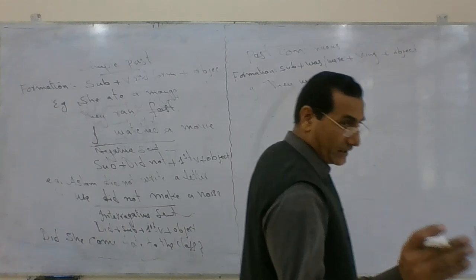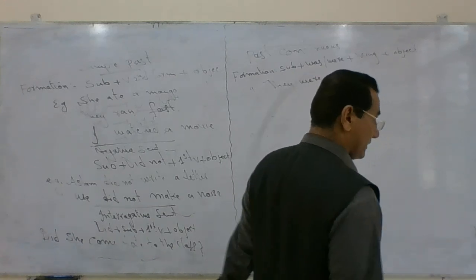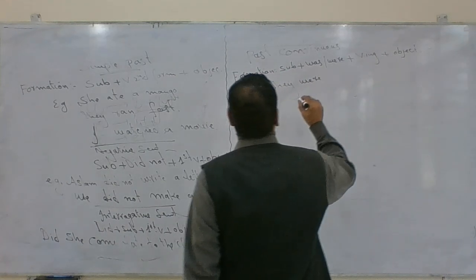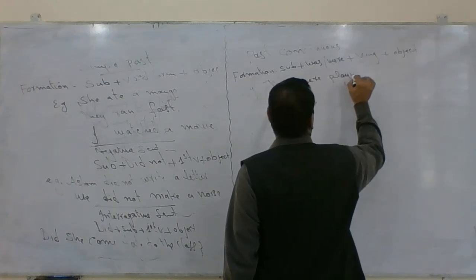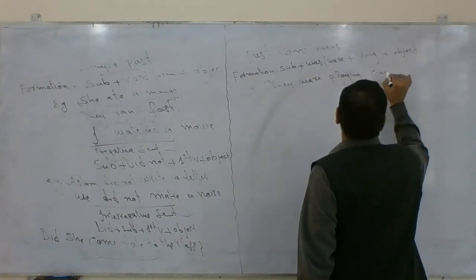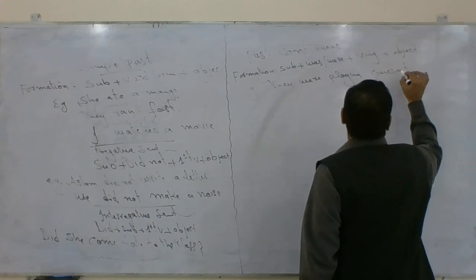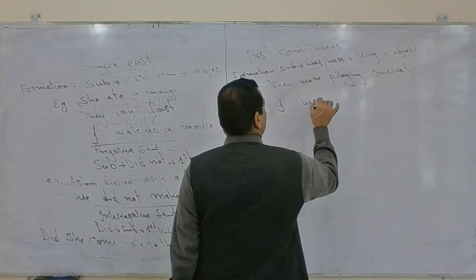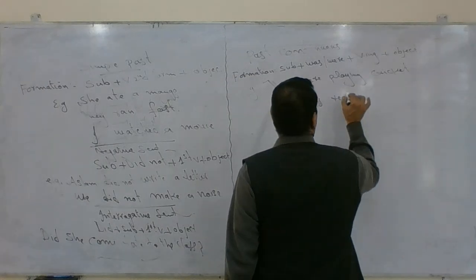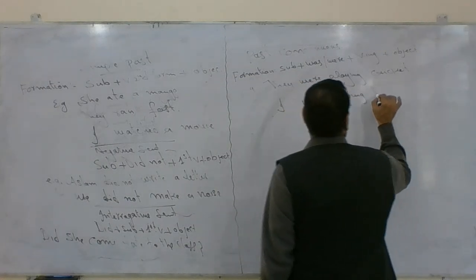For I here is was, because I is singular. They were playing cricket. I was reading the paper.